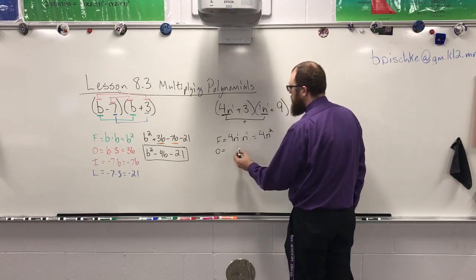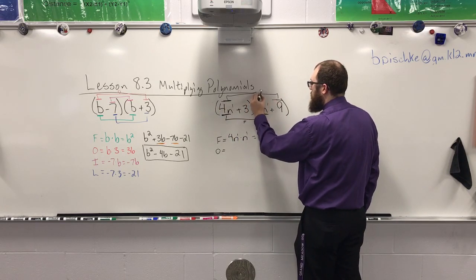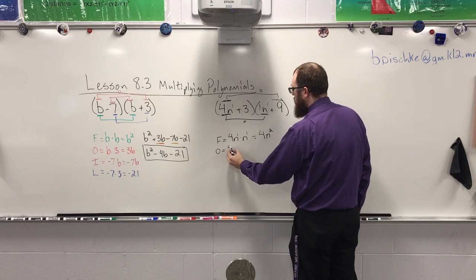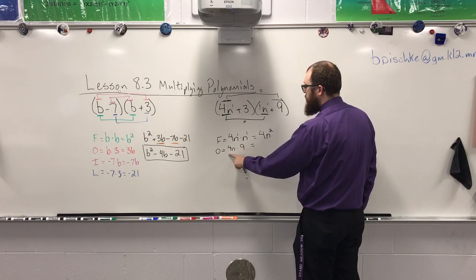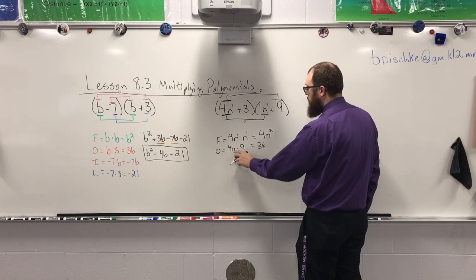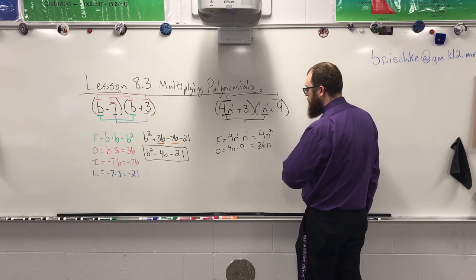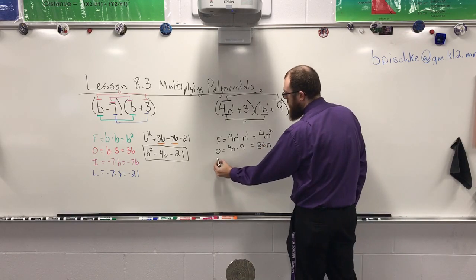Outers. 4n times 9. Coefficient times coefficient. 4 times 9 is 36. n times no n is n. Inners.